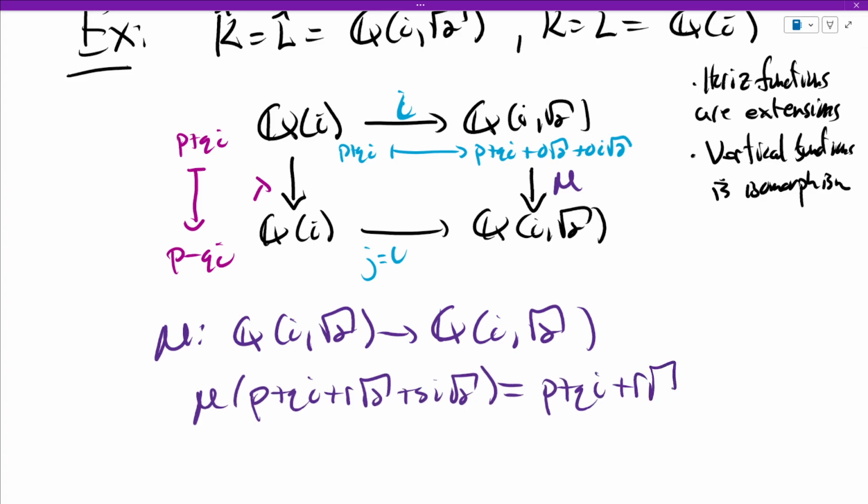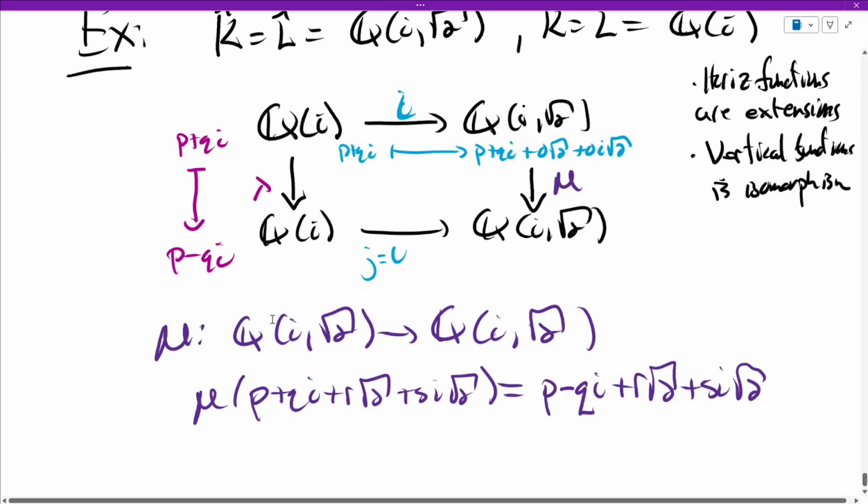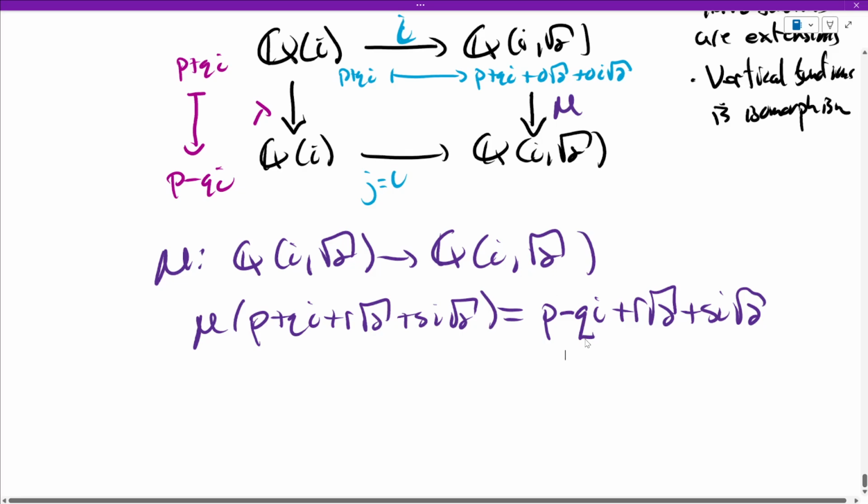This does not work, because if I go along the top part of our diagram, we should get p plus qi. But if we go along the bottom part, we first take p plus qi and make it p minus qi and then send it over. So this cannot work. What we could do, though, is make this minus qi. And that will, in fact, define an isomorphism from this field to itself. It only conjugates i. That's all it does. So that's one possible choice.